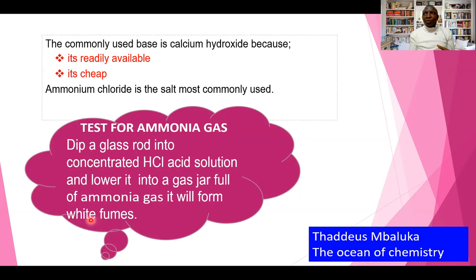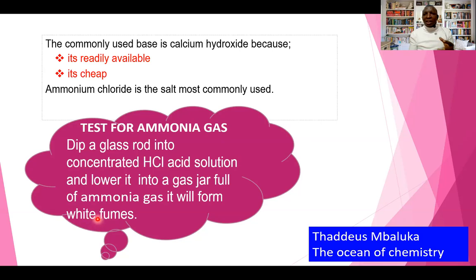But remember, the conventional test for ammonia is that it forms white fumes, or rather a white solid, when reacted with hydrogen chloride gas.